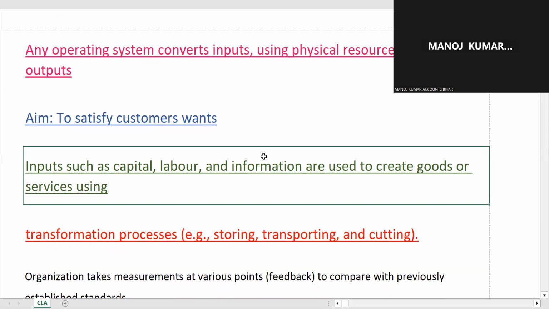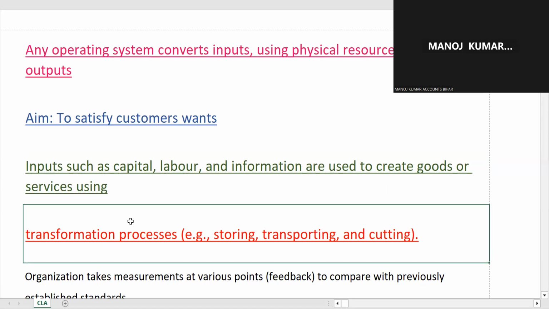Okay? So information, in modern times, you need proper software and all to process things, correct? If you are a Xerox center, then you need proper information on how to process different kinds of Xerox and all that. So different kinds of inputs like capital, labor, information are used to create goods and services, okay, using what?